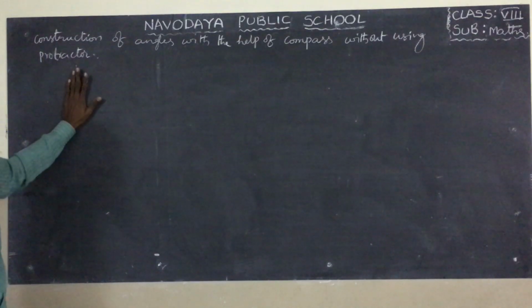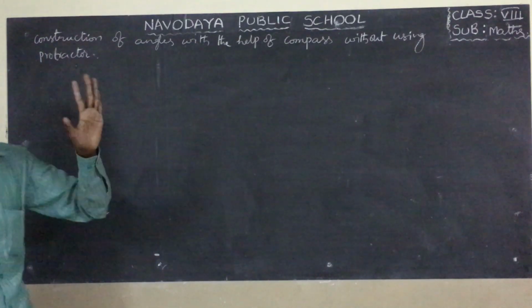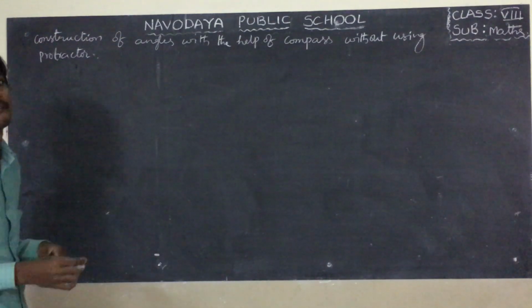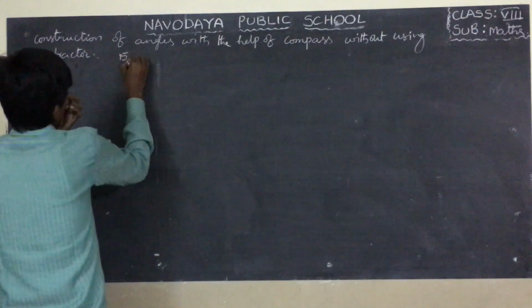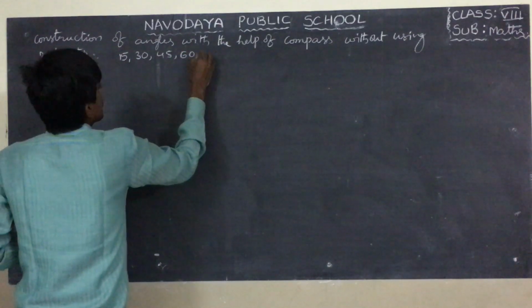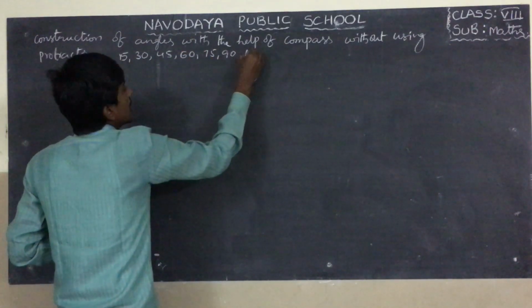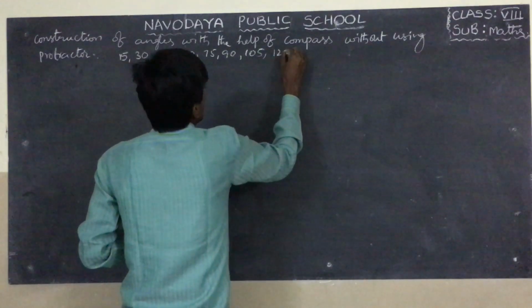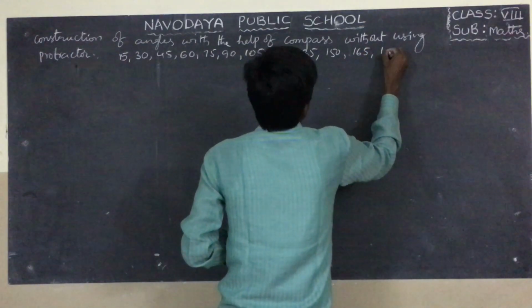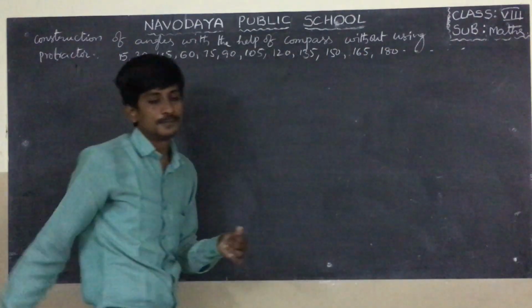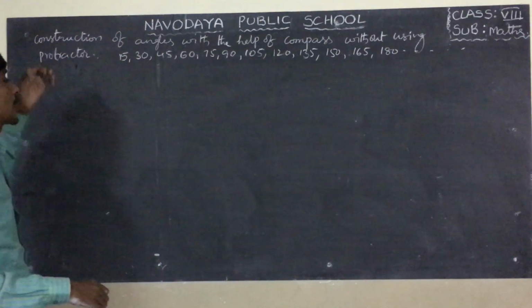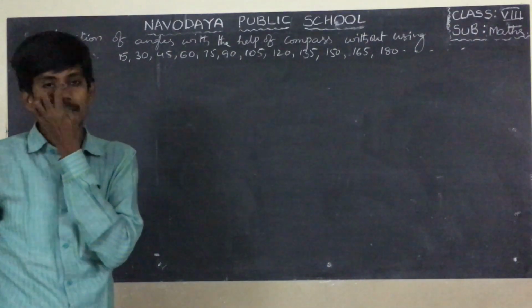Without using a protractor, we construct some angles that are multiples of 15: 15, 30, 45, 60, 75, 90, 105, 120, 135, 150, 165, 180 and so on.